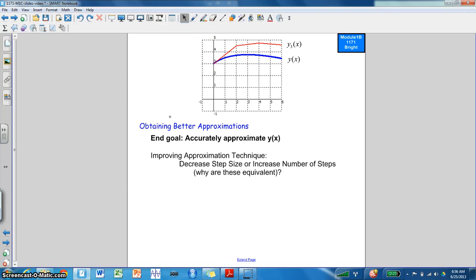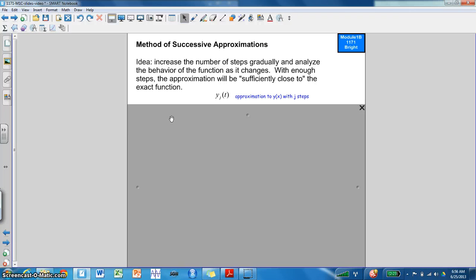Okay, so the technique we're going to utilize throughout this entire thing is what we call the method of successive approximations. The idea is that if we increase the number of steps gradually, so we do one step and then two steps and then three steps and four steps, five steps, etc., we will have a better idea of how the function changes, the behavior of the function both locally and globally, and eventually we will be able to be sufficiently close to the exact function.